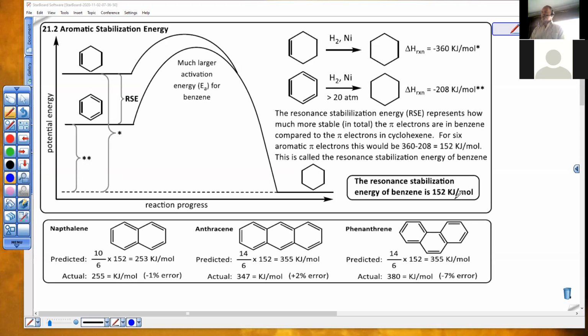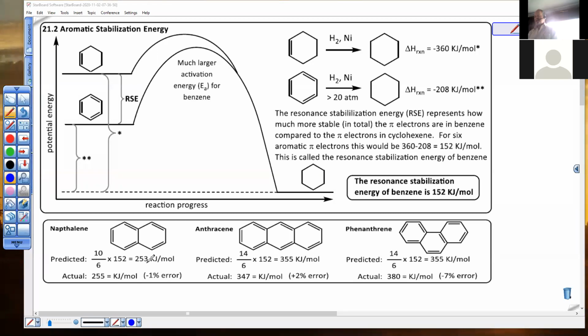So if we wanted to predict how much more stable naphthalene's pi electrons are than normal pi electrons that are not resonating, we would have to realize first we have 10 pi electrons now enjoying the resonance stabilization energy instead of just 6. So I would expect 10/6 more resonance stabilization energy. 10 for naphthalene, 6 for benzene. There's benzene's number. And I get this result as a prediction for resonance stabilization energy.